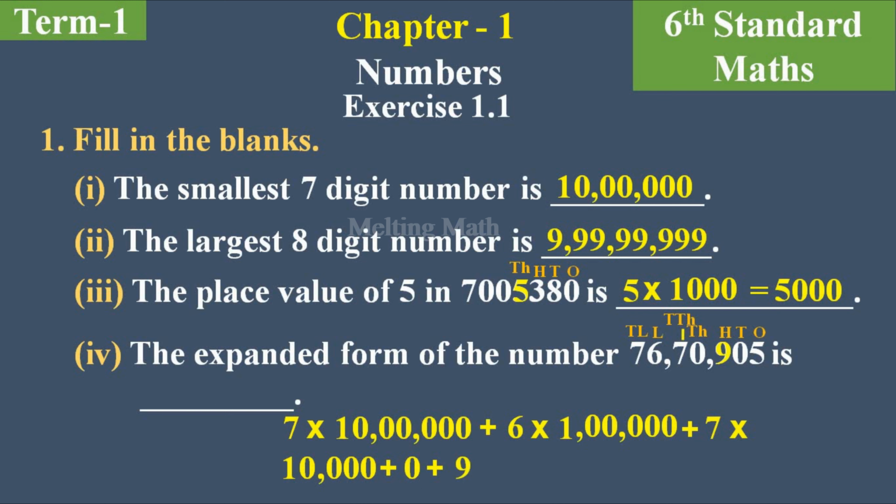Write 9 and multiply with 100. Then plus the next digit, 0, in the tens place. Anything into 0 is 0, so write 0 as it is. Then plus the next digit, 5, in the ones place. Write 5 and multiply with 1. That's it. This is the expanded form of the given number.